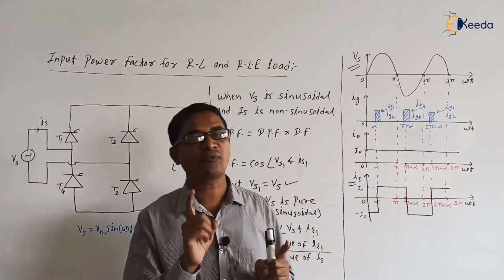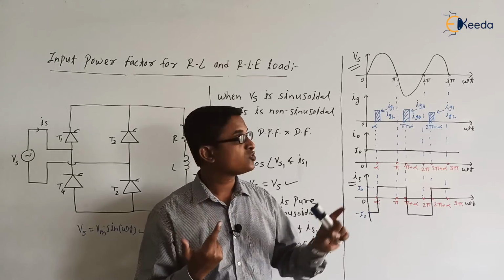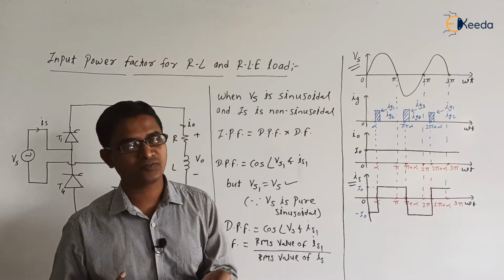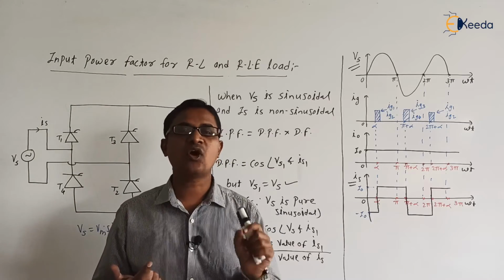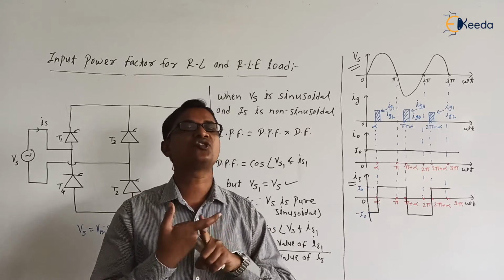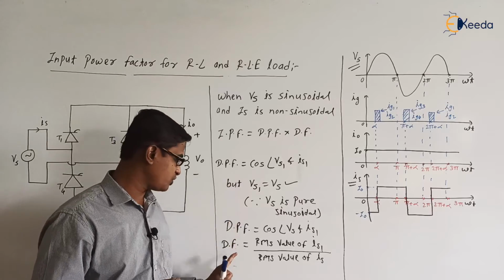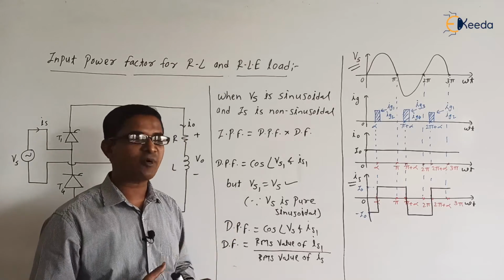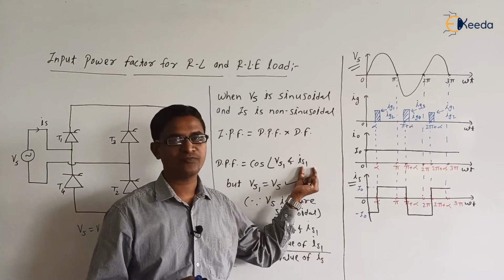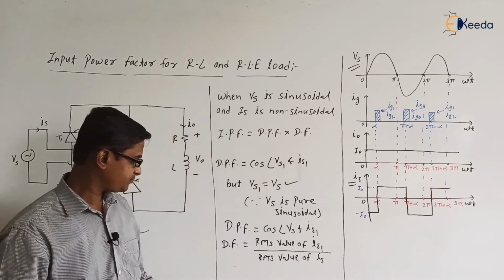Many questions have been asked related to the RL and RLE load. If the input supply is sinusoidal but the source current is non-sinusoidal, then the input power factor is displacement power factor into distortion factor. Displacement power factor is the cosine of the angle between Vs1 and Is1, the fundamental source voltage and current.